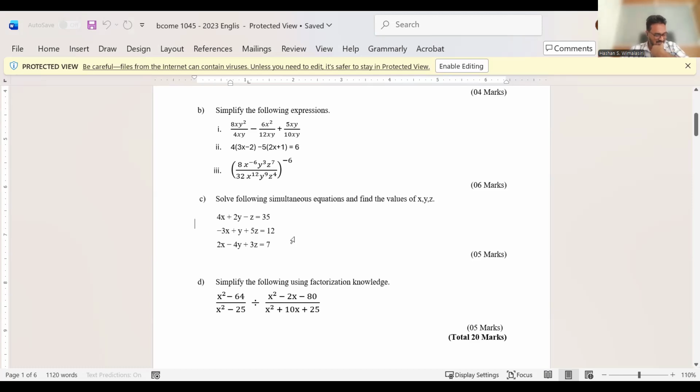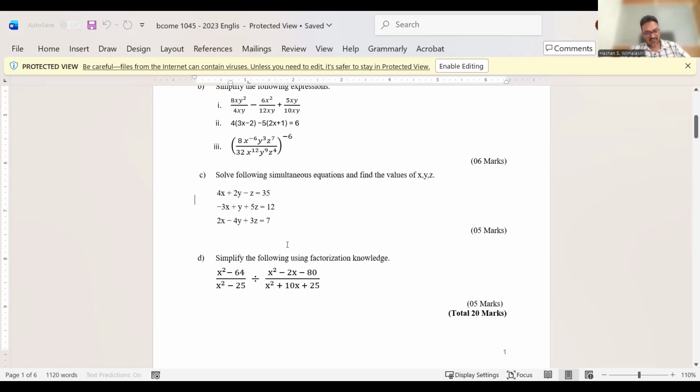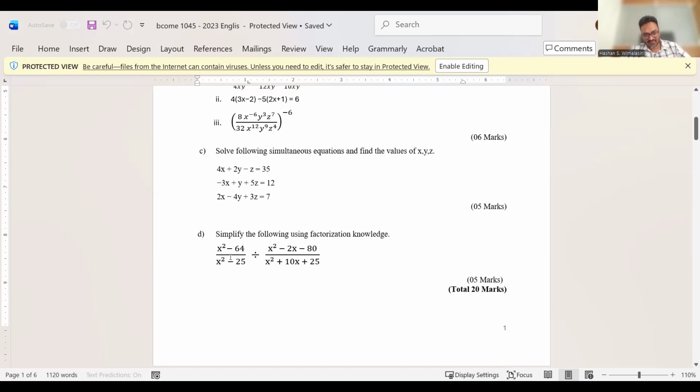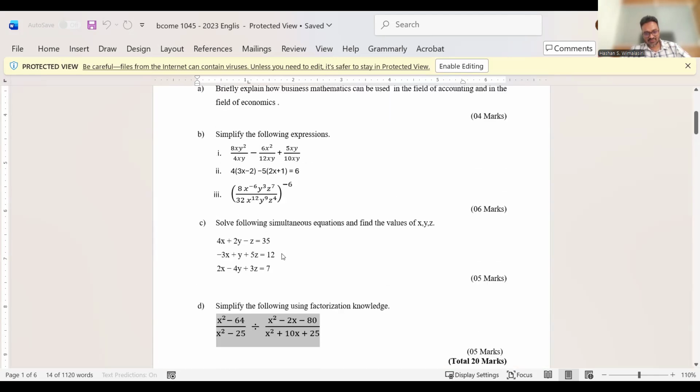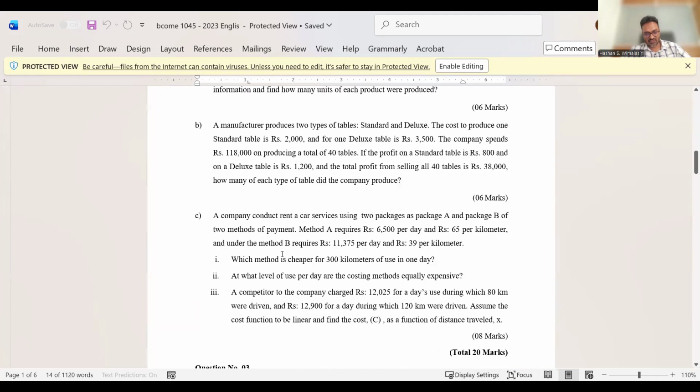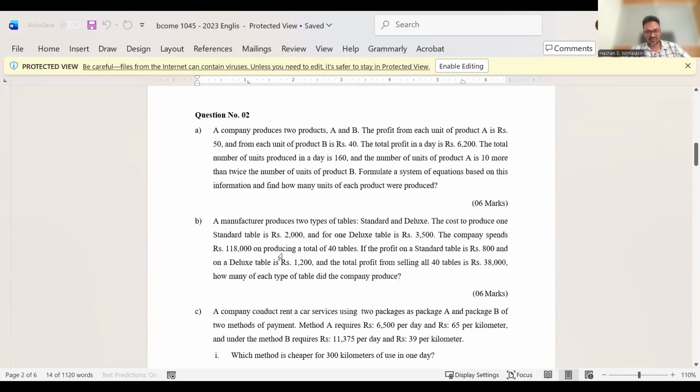In the second question you will be getting this kind of algebraic expressions for factorizations. As I mentioned from the last slides, you will be getting the same kind of questions this year. So this is your first question, and we'll move to the next one, the equation part.